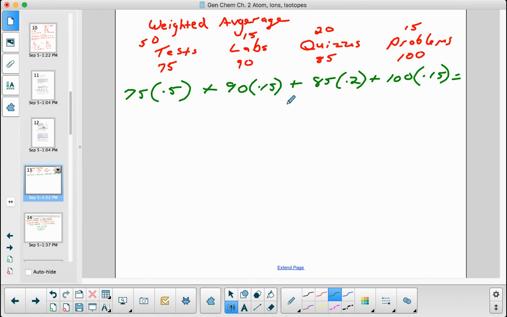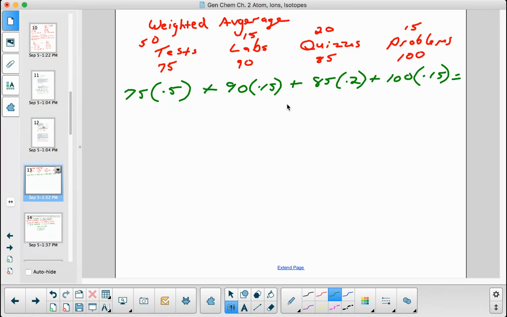weights, then it would be, I'll just figure this out for the fun of it, 75 times 0.5, I would add to that 90 times 0.15, I would add to that 85 times 0.2, and I would add to that 100 times 0.15.